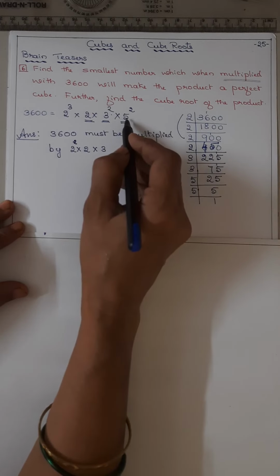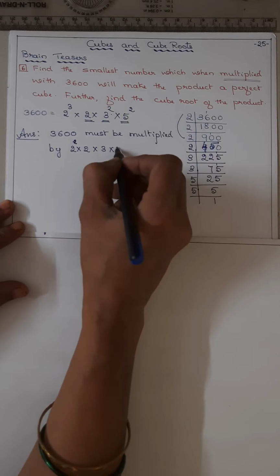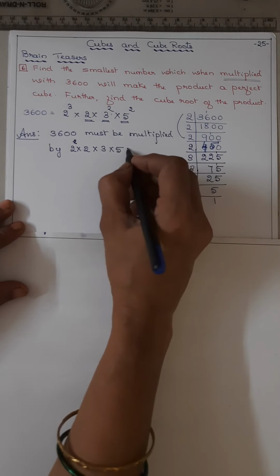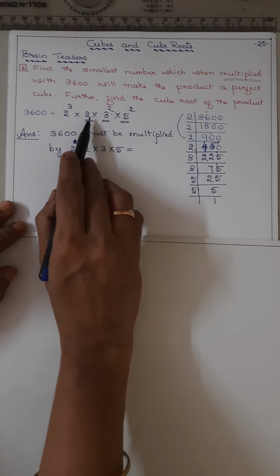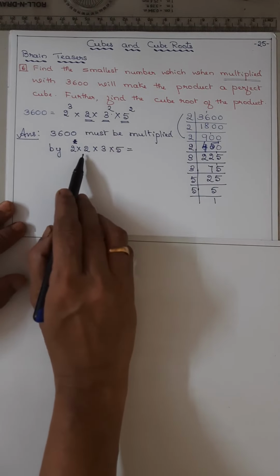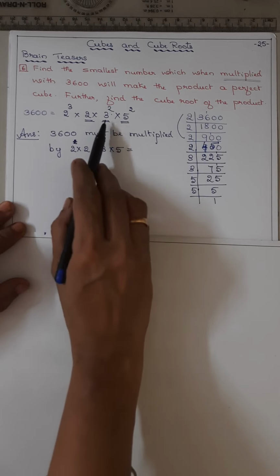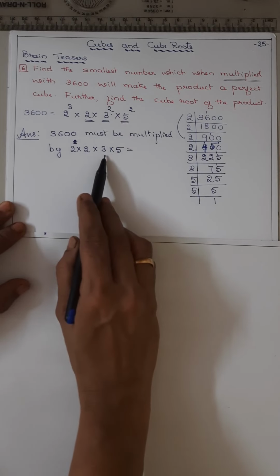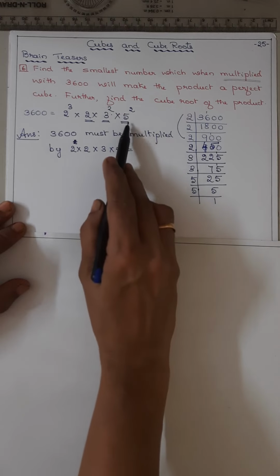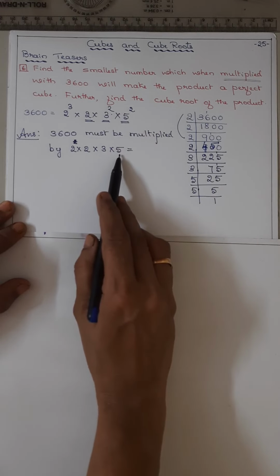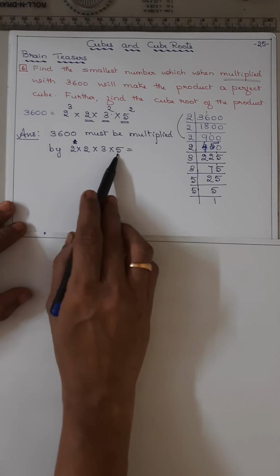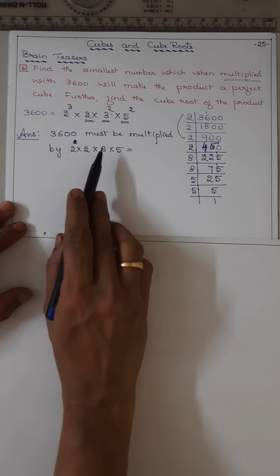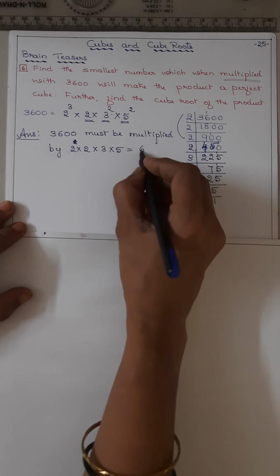Here 5 square is there, extra 1 5 is needed. Are you understanding? So here only 1 2 is there, we need 2 extra 2s. 3 square is there, 1 extra 3 is needed. 5 square is there, we need 1 extra 5. So when you multiply, 2 5s are 10, 2 3s are 6, 6 10s are 60.